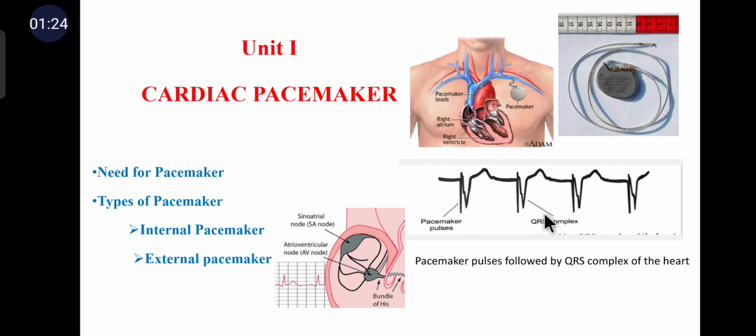So, by giving external electrical stimulation impulses to the heart muscle, it is possible to regulate the heart rate. These impulses are given by an electronic instrument called the pacemaker. So, with the help of an electronic instrument, we can control or regulate the heart.